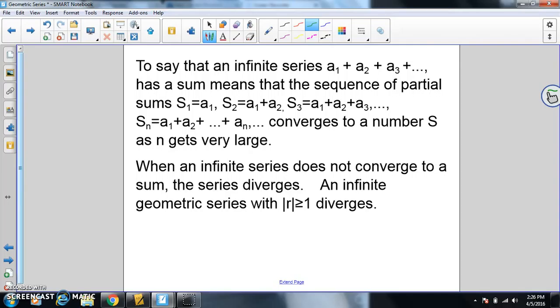When an infinite series does not converge to a sum, the series diverges. An infinite geometric series with the absolute value of r greater than or equal to 1 diverges.